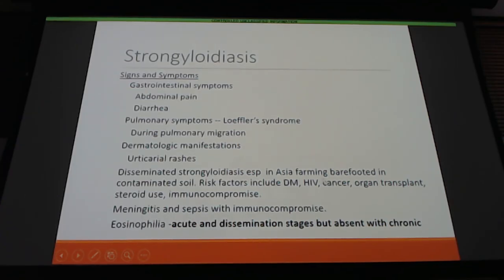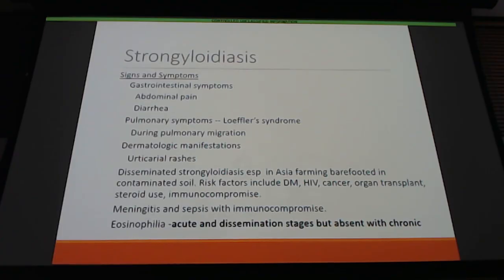Especially in Asia, farming barefoot in contaminated soil. Here are some extra risk factors. If you have diabetes, HIV, cancer, or are on transplant medications or steroids, those are folks who are more at risk for Strongyloides. If you are immunocompromised, it can cause meningitis or sepsis.